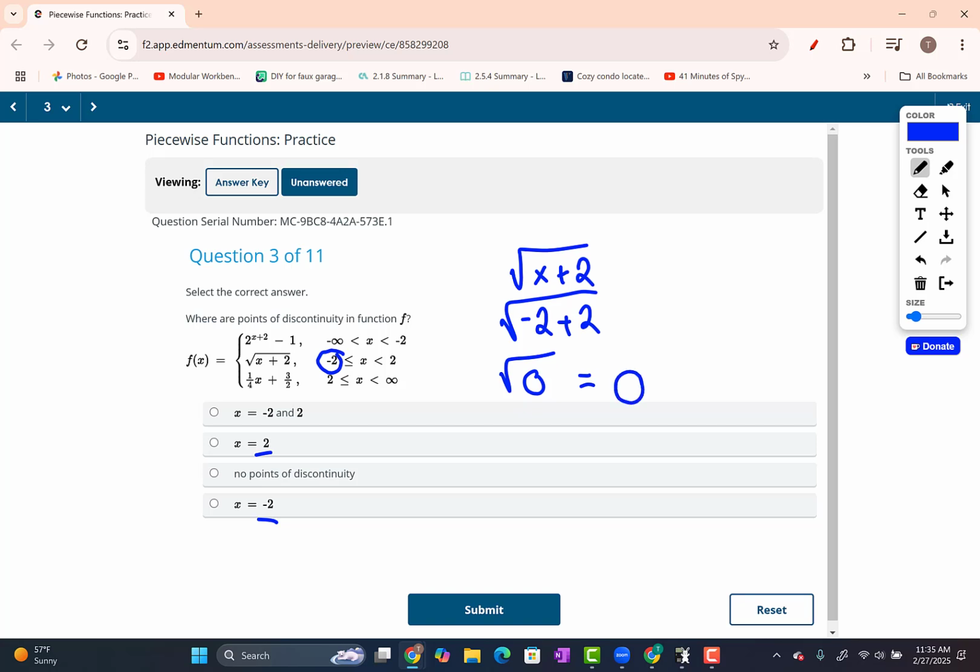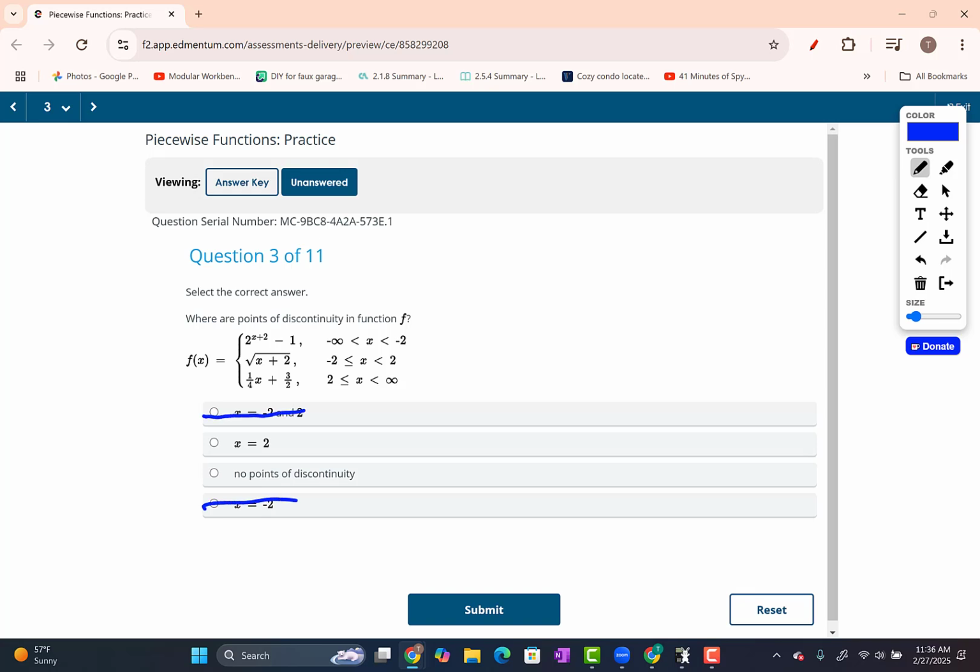So this graph does exist at -2. If we graphed this graph, it would look something like this. It's a really, really rough sketch, but you get the idea. The graph exists at -2. So that means we can rule out answer choice A, answer choice D.